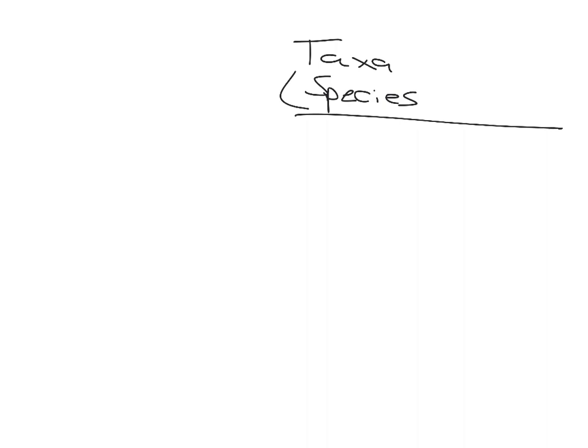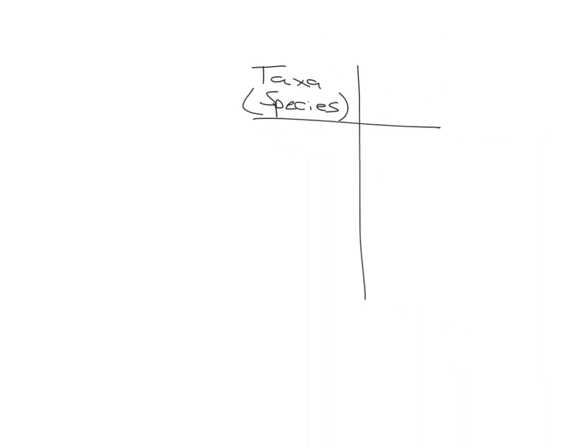We can take a look at a species. Now remember that another word for species, a more general term for a group, would be taxa, right? So species is a specific taxa. We could do genus, right? Or we could do order, but no matter what, it's a taxa.